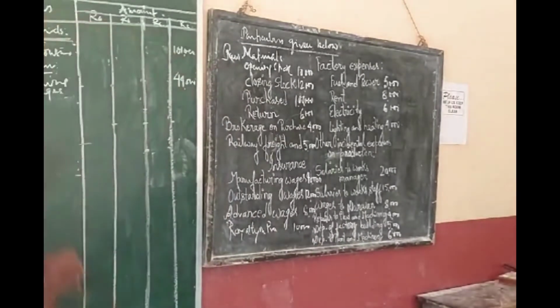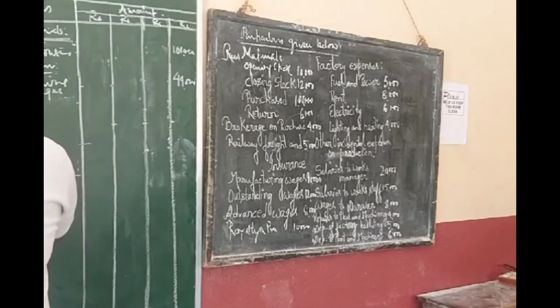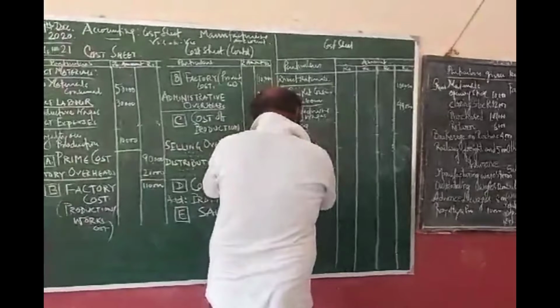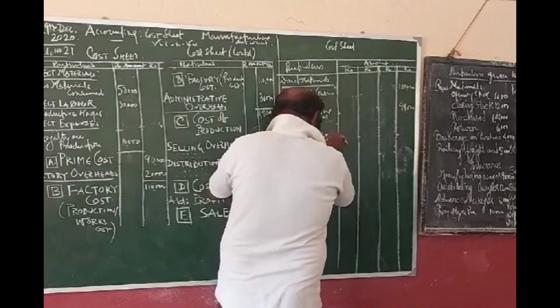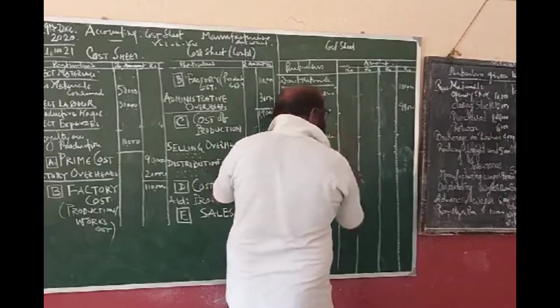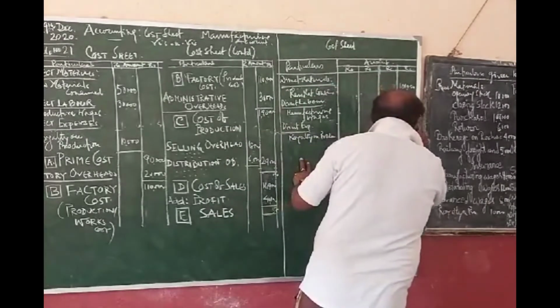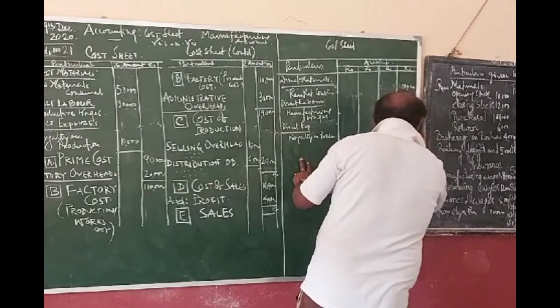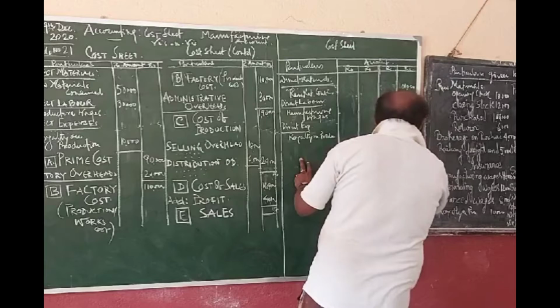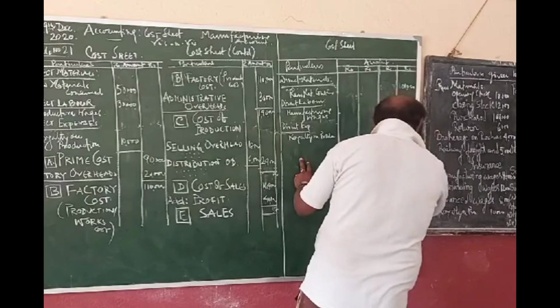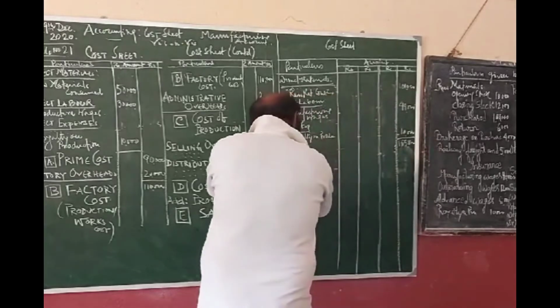Now this is direct expenses, royalty on production, 10,000. Clear? So we have got 1,55,000, and that is the prime cost.